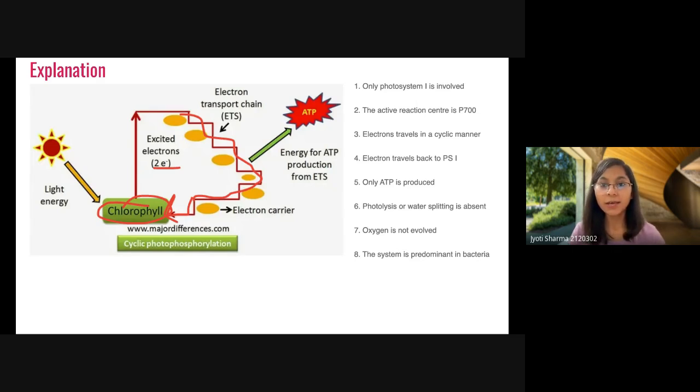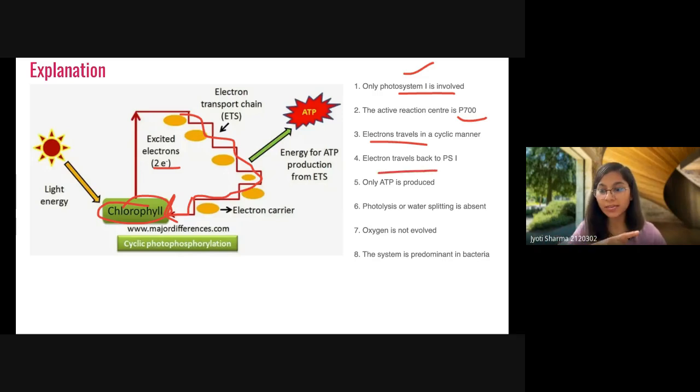So just see here, there is only one photosystem that will be involved. This is the photosystem 1, and this photosystem 1 activation center is P700. So we will utilize the wavelength of sunlight, that is 700 nanometer. Here the electron travels in the cyclic manner, then this electron travels back to the photosystem 1.